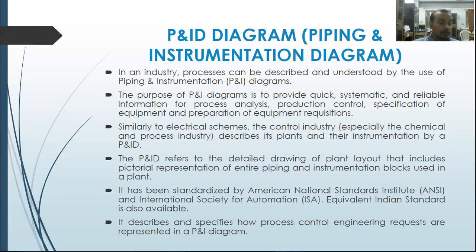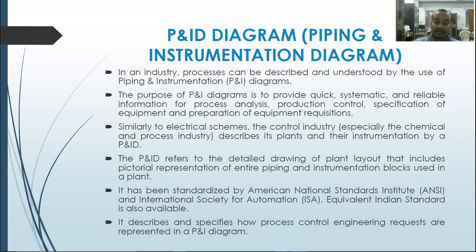The second last point which we need to consider over here is who will standardize the symbolic representation of each and every instrument. Here one institute and one society come into the picture from the initial days of the P&ID discussion: the American National Standards Institute, shortly known as ANSI, and the International Society of Automation, known as ISA.